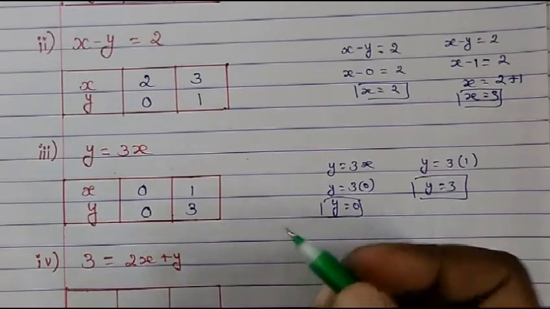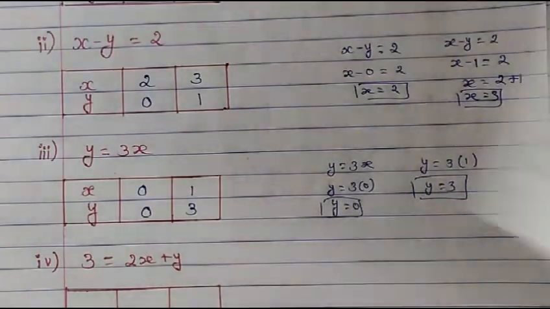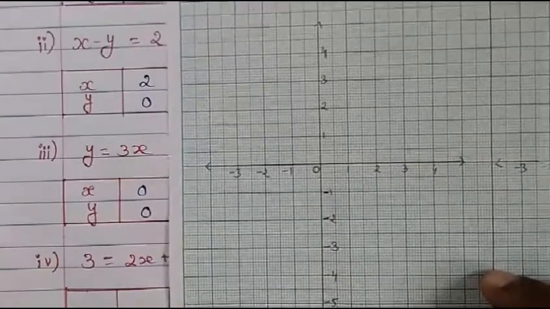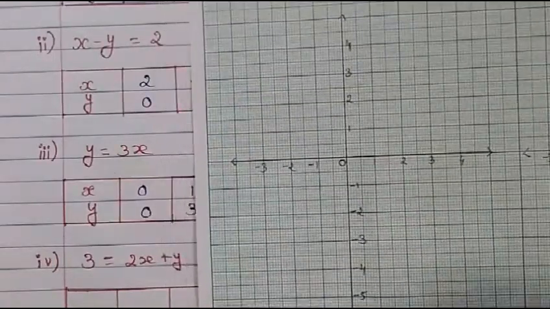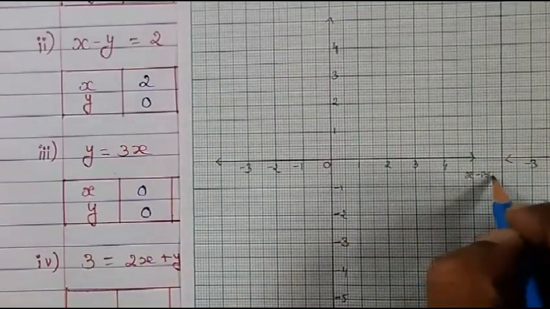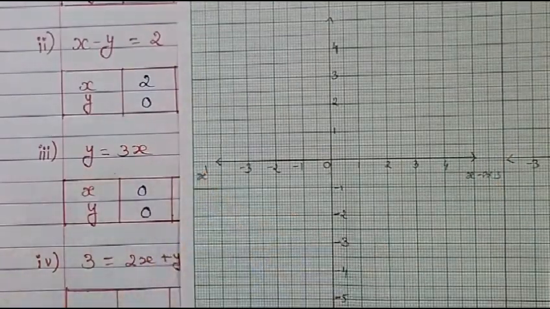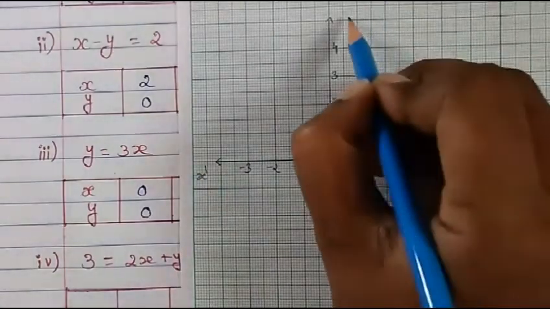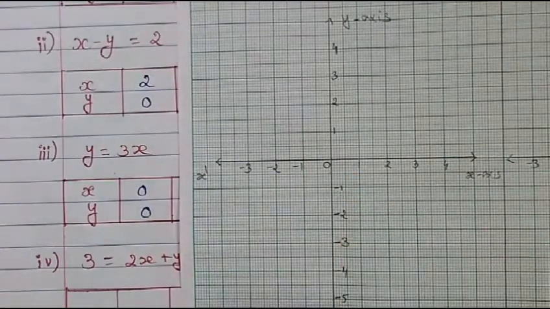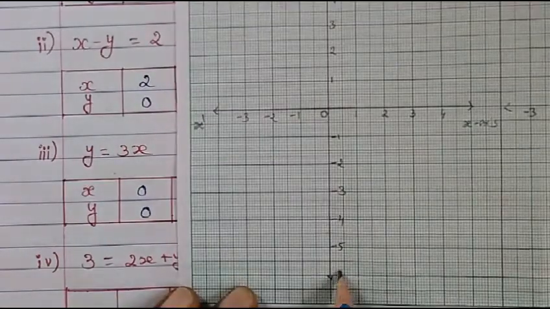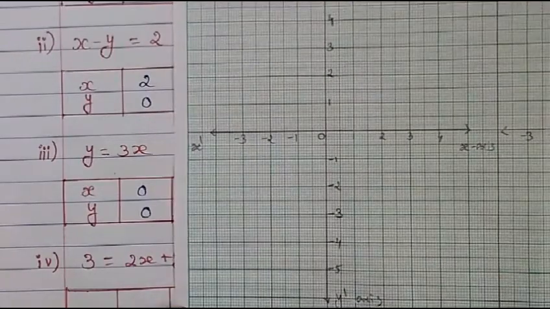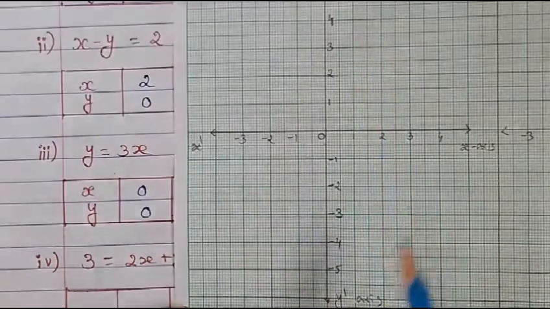So let's plot the graph. I have drawn and kept it so that I don't waste time. This is your x-axis, this is your x dash axis, and this is your y-axis. Down negative, here this will be your y dash axis. You have to mention in the graph x-axis, x dash, y and y dash.